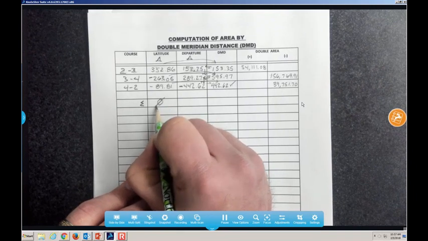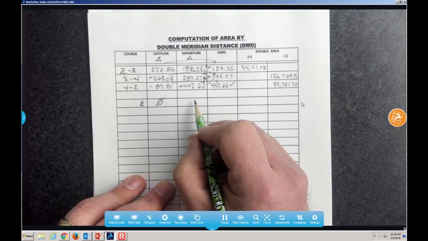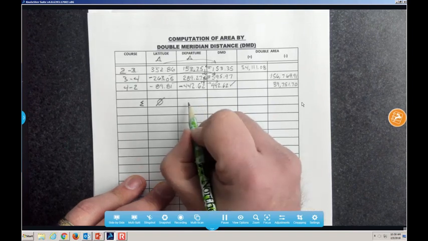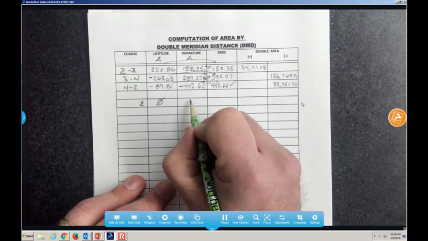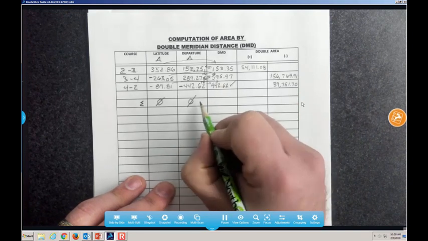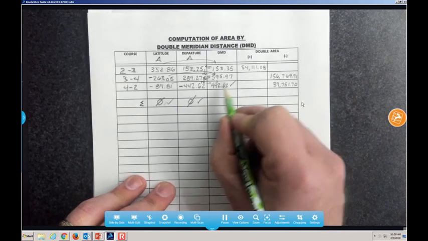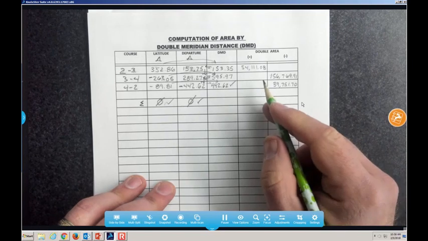If it's a closed figure, so that equals 0. Let's add up our departures. That should also be a 0 because it's a closed figure. What does that one add up to be? Okay, so that's a 0. So these all check, okay? These three things here check that we did our math correctly.